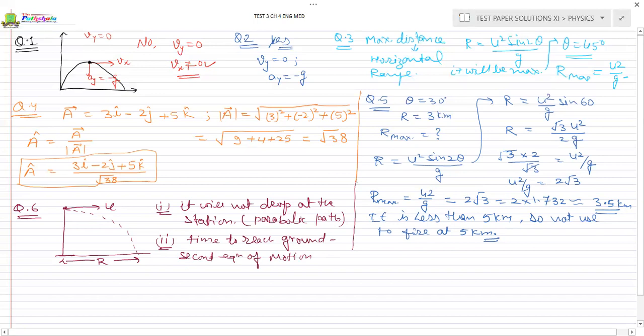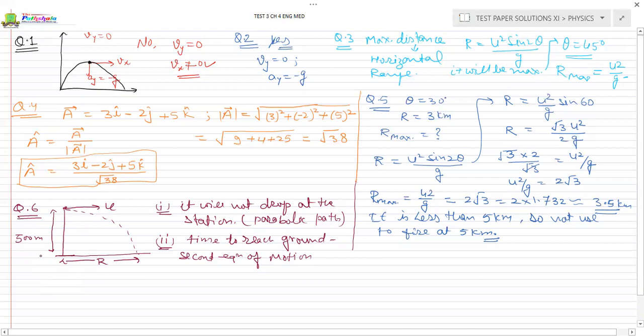What is the second equation of motion? S is equal to ut plus half at square, and we will use the y component because the distance y is given to you. This distance is given to you and it is 500 meter.